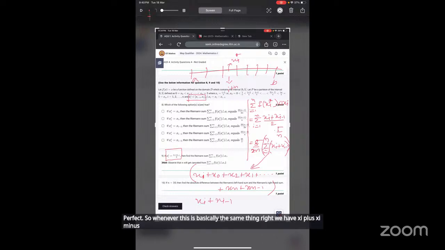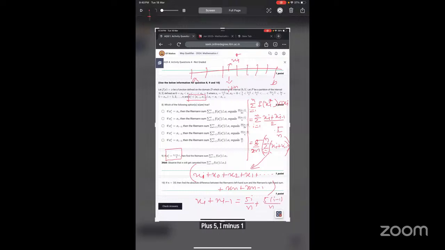Now we know what xi is, so we can put 5i by n plus 5(i minus 1) by n. This is exactly the same as this.